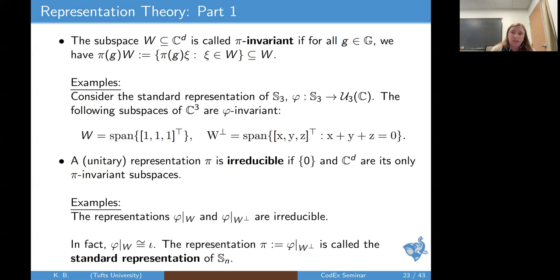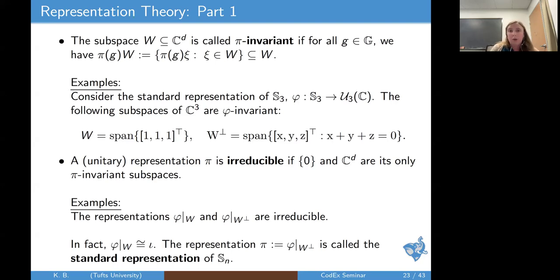And the way that we use this definition of pi invariant is to give us the most fundamental components of our representations, which are the irreducible representations. So a unitary representation pi is irreducible if the set with 0 and the whole space C^d are its only pi invariant subspaces.